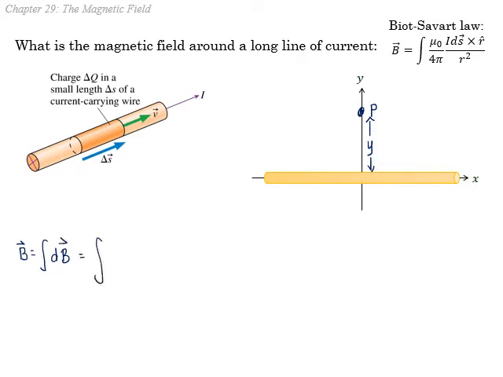Each small piece of field is given by the Biot-Savart law, mu naught over 4 pi times the current I times ds cross r hat divided by r squared. Looks like the next thing we should do in our expression is identify what we mean by ds, what we mean by r, and what we mean by r hat. So ds is a little bit of the path along that wire. So we just pick some small segment. So there's our ds.